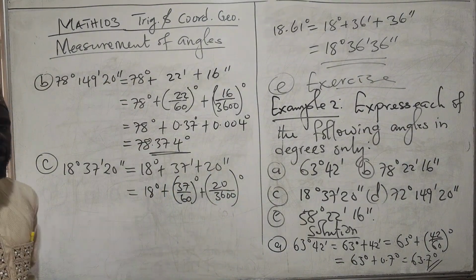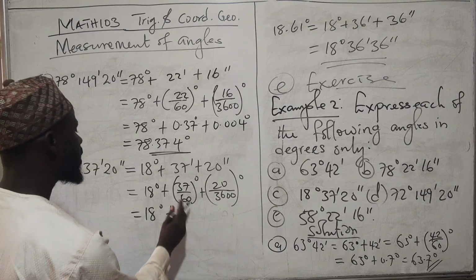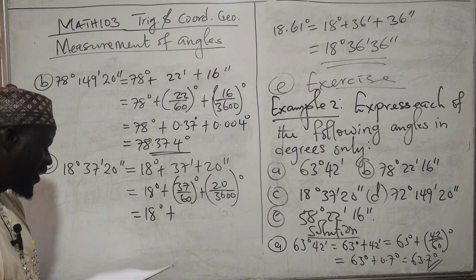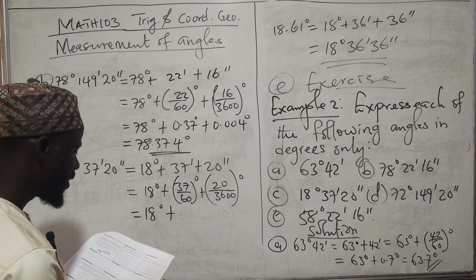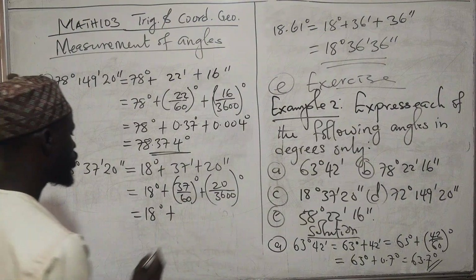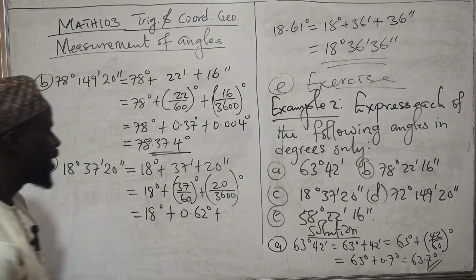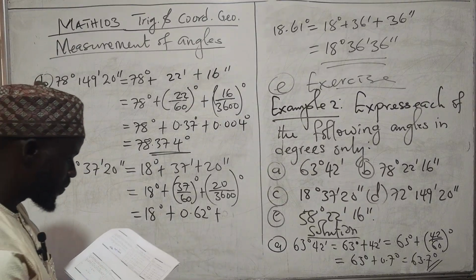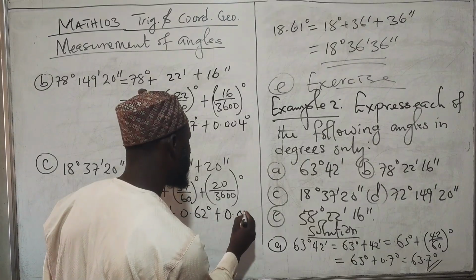So 18 degrees plus, after dividing 37 by 60, the answer we are going to have is 0.62 degrees plus, divide 20 by 3,600, you are going to have 0.006 in degrees now.